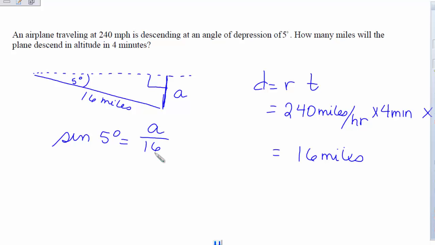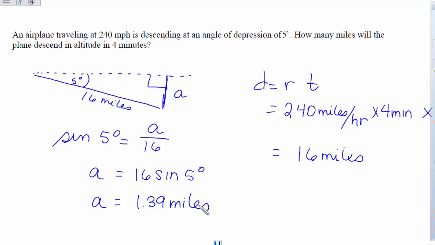Or we can say that A is equal to 16 times sine of 5 degrees. And when we do that on our calculator, we get 1.39, which is a reasonable answer. This would be miles for change in altitude.